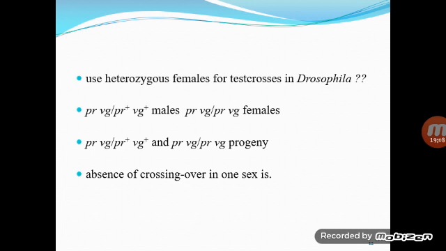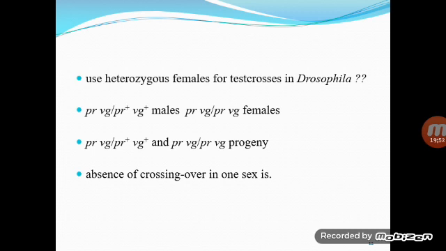Students, you may be surprised why we always use heterozygous females for test crosses in linkage of Drosophila. When PR VG, PR plus VG plus males are crossed with PR VG, PR VG females, only PR VG, PR plus VG plus and PR VG, PR VG progenies are recovered.